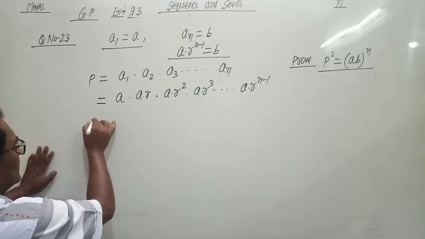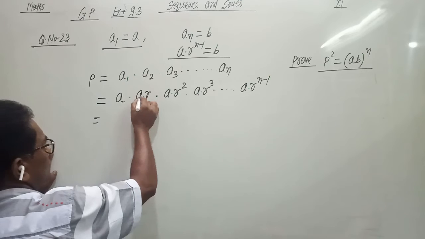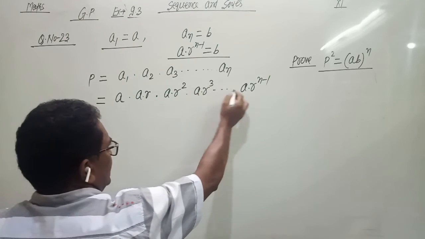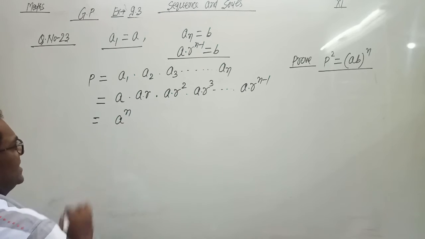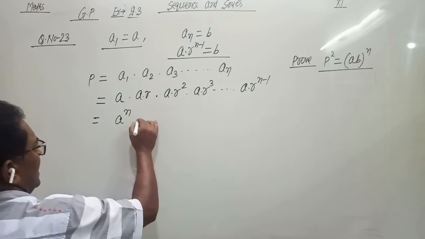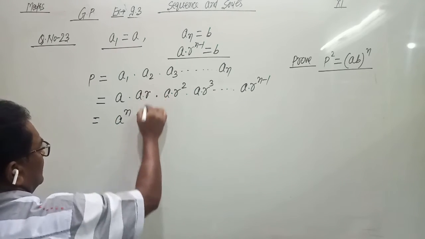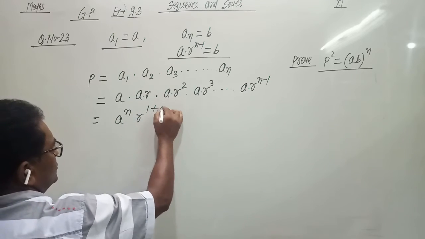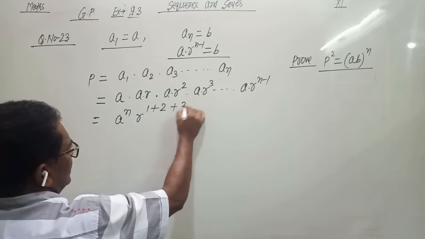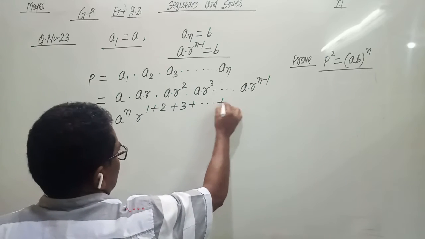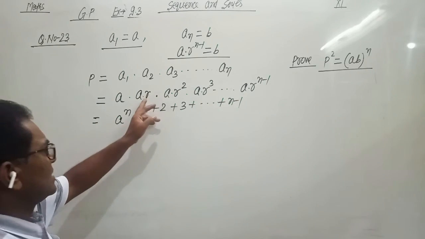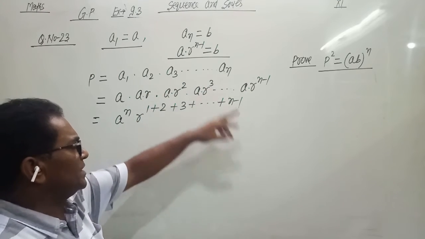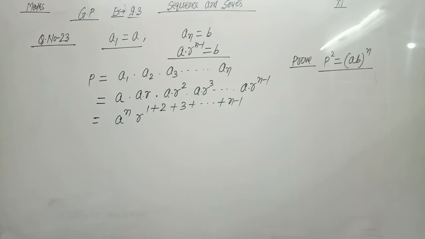Now, a into a into a till n terms becomes a raised to the power n. And the powers of r get added: r raised to the power 1 plus 2 plus 3 plus up to n minus 1.